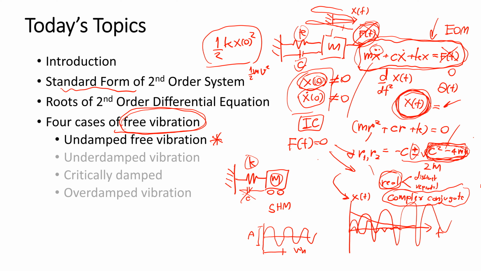At that time, your system has initial energy from the initial velocity. And this kinetic energy is going to be transformed to potential energy when the spring is compressed or stretched. So although we don't have external force applied to the system, it can vibrate from the initial condition in terms of energy.